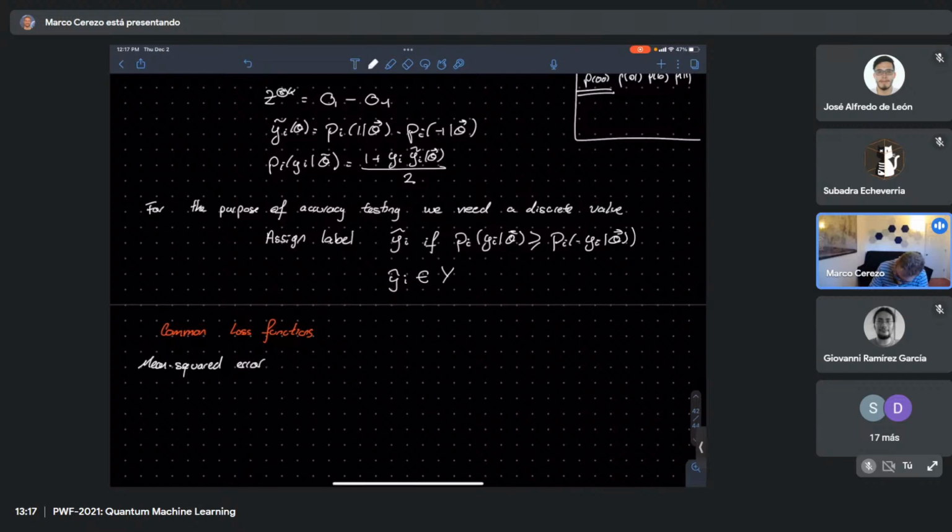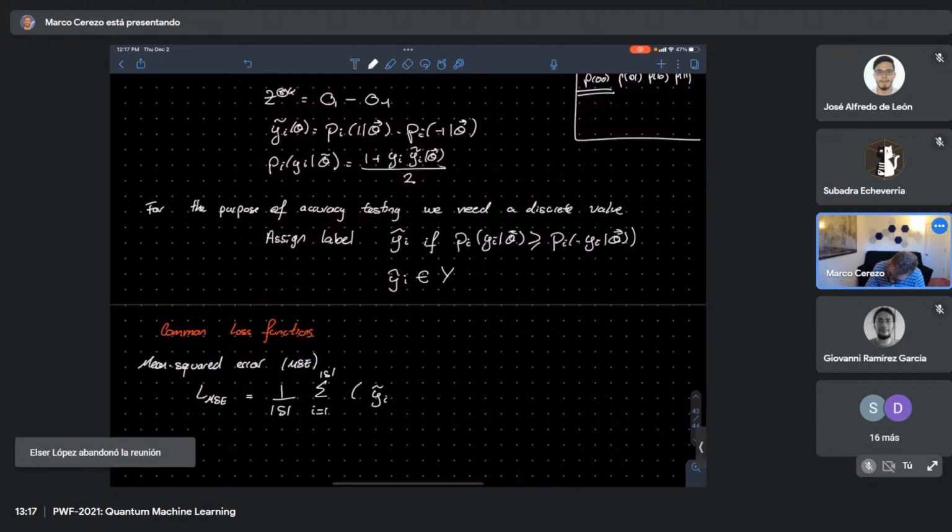loss function, which is defined as MSE for mean squared error, which is going to be, I sum over each point in my data set. And what I'm going to be checking is how far is the assigned label from the actual label.